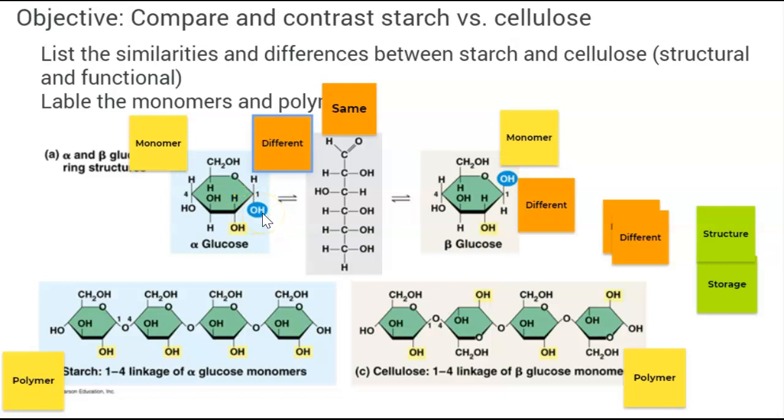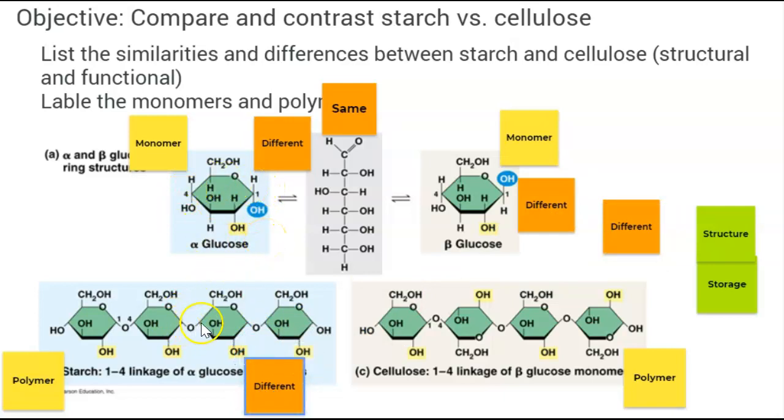Now, when you take those and create the bonds to form the polymer, you can see that all of the yellow highlighted hydroxyl groups here, when you create the bond between the alpha glucose molecules, all stay on the bottom for starch. So that is another difference, and it comes from the structure of alpha glucose.